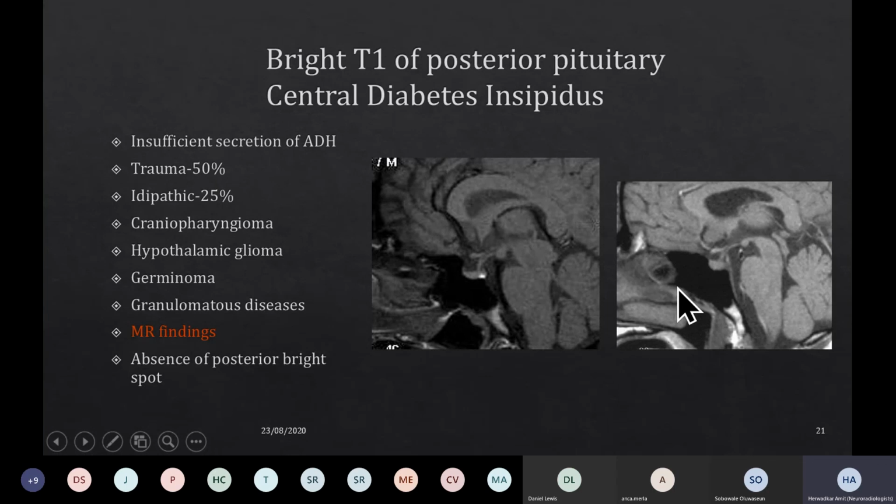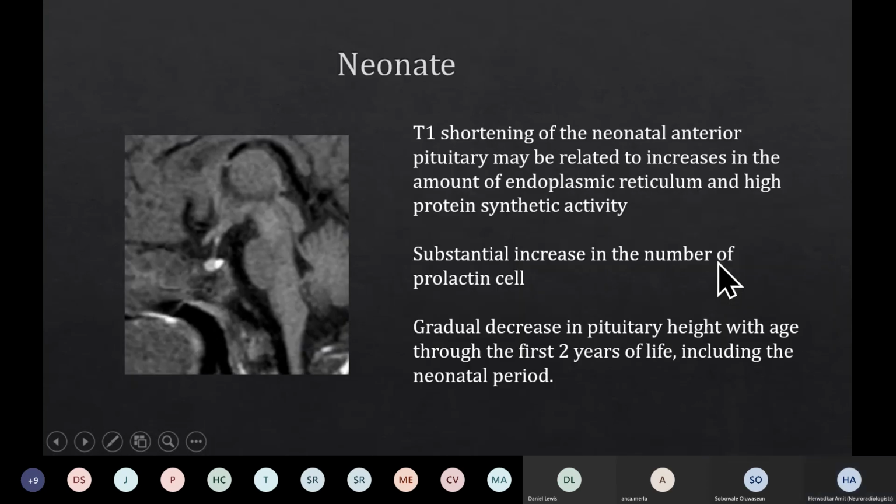So in the patient who has DI following trauma, if you can look at the bright T1 signal of the posterior pituitary, its absence would suggest interruption, usually an interruption to the infundibulum, and hence Wallerian degeneration of those hypothalamic axons, which normally would terminate into the posterior pituitary.